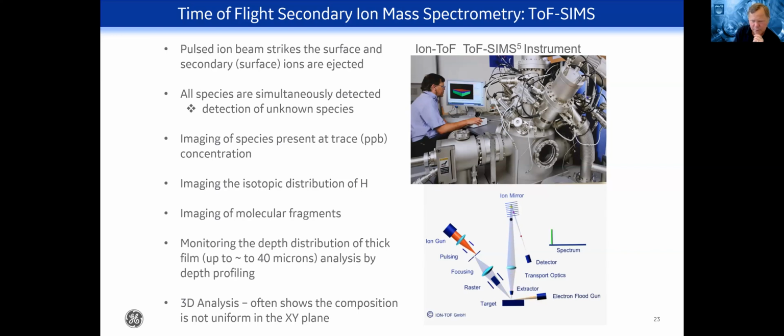And as I'll show in a few slides, we can also obtain molecular information, which is critical for certain processes. By ToF-SIMS, we've been able to erode as deep as about 40 microns. And when we do a depth profile, we get a 3D image, as I'll show in a minute.